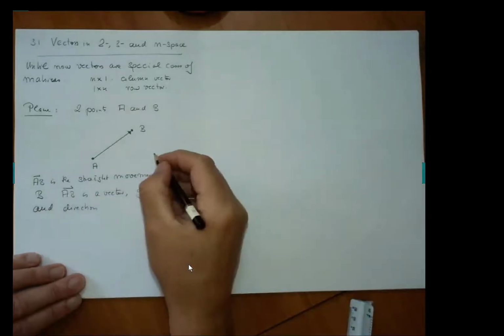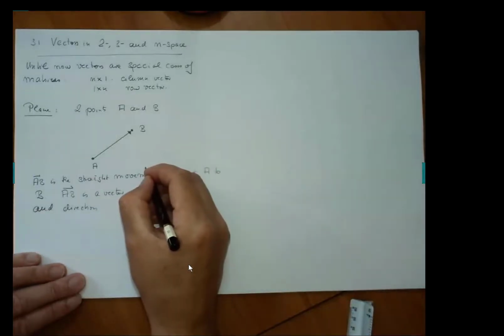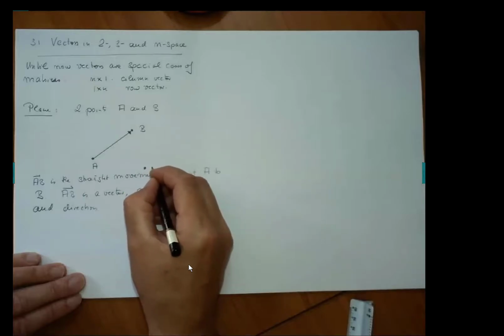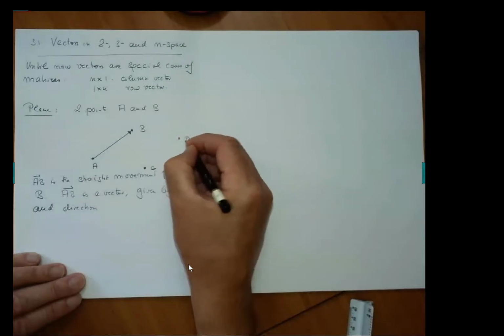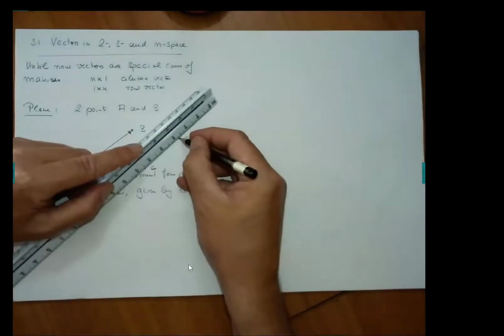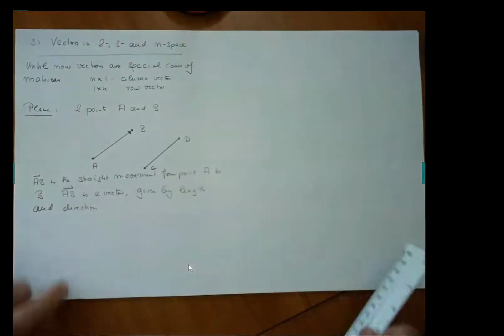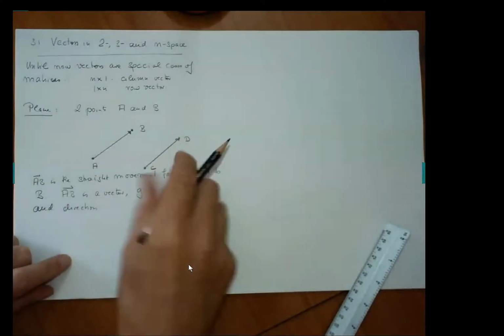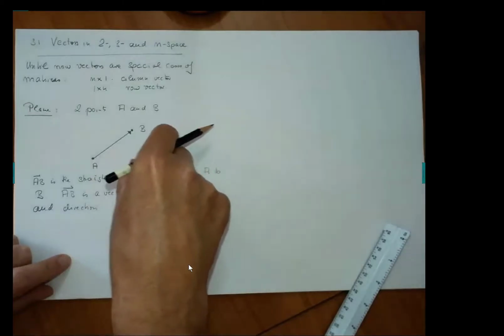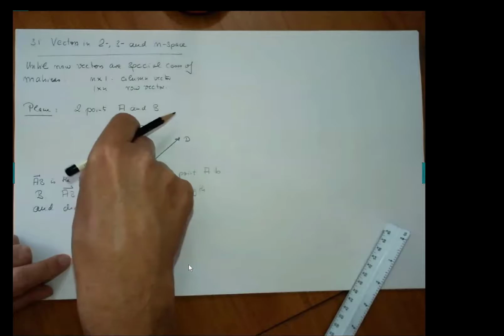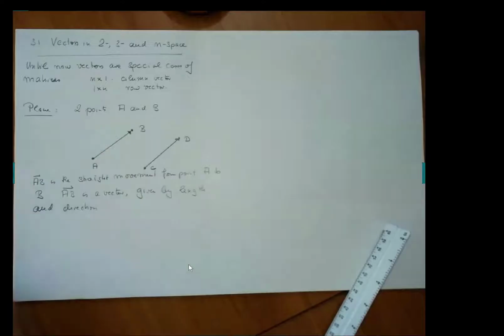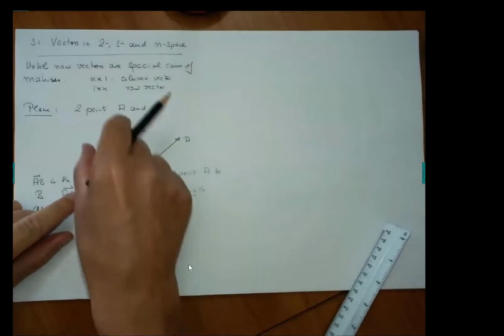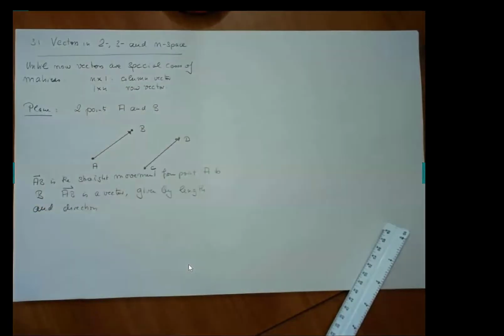So it can be, I hope I can do this kind of correctly somewhere, that there's another point C, and I try to make it kind of hopefully good, and another point D. Then you can have this connecting vector. And I hope my picture is good enough. But if you move the vector over here parallel, it turns out the vector is the same. So it's not just AB gives you a vector, that's true. But what we mean by the vector is every other connecting movement with the same length and the same direction.